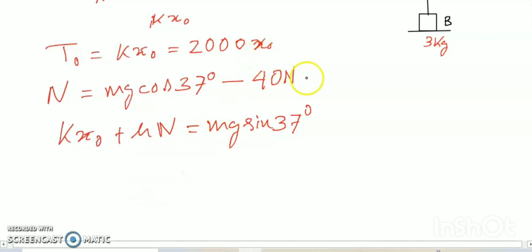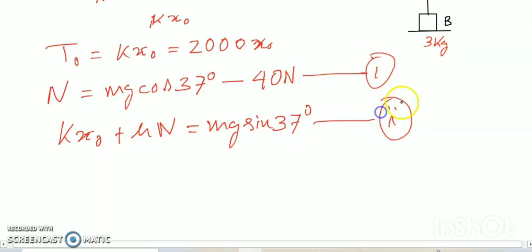Solving equation 1, this is my equation 1, N equals 40 N, and this is my equation 2.